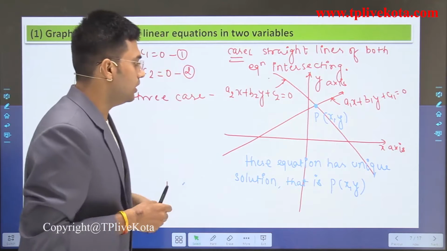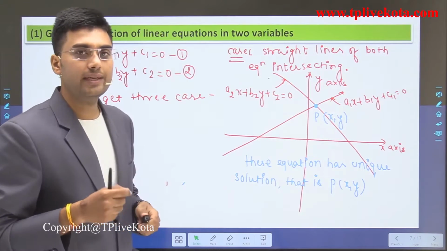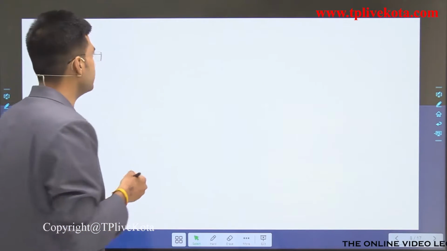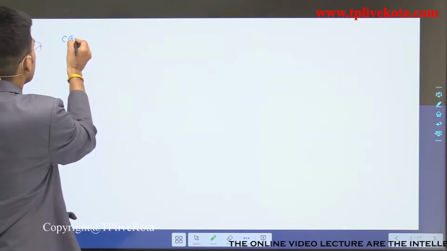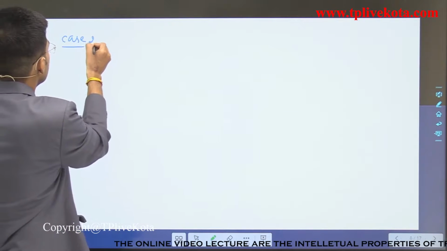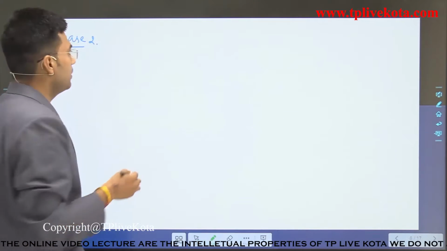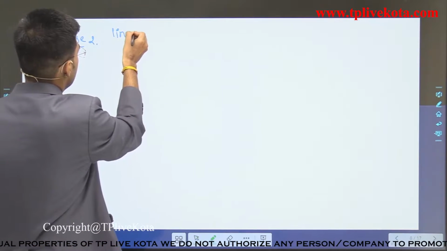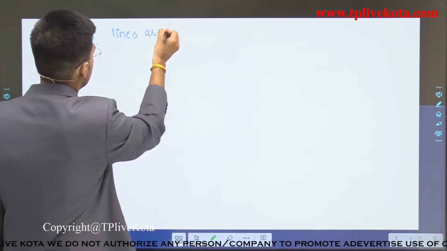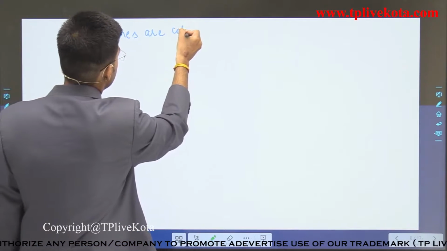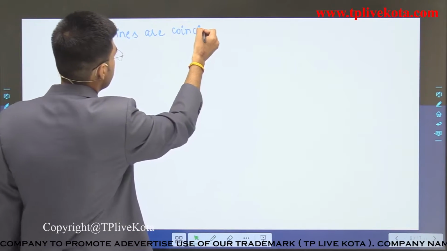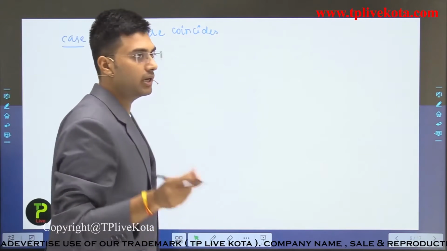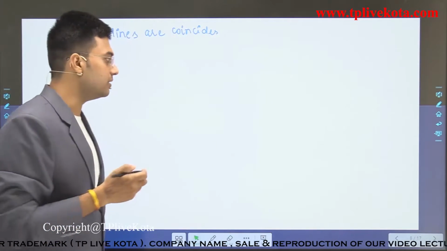Okay, so now let's move to the next case, and the next case is case 2: lines coincide. When we draw the graph of both equations, then the lines coincide.